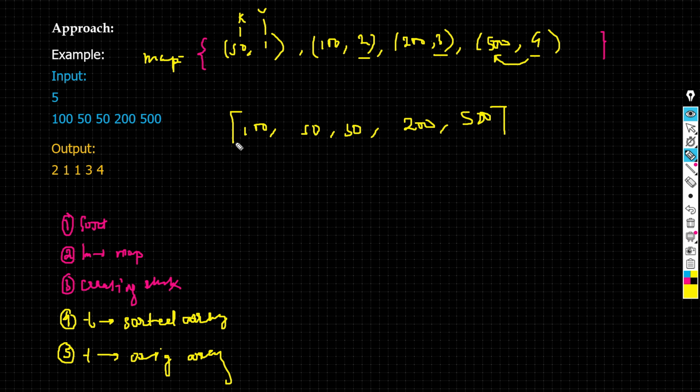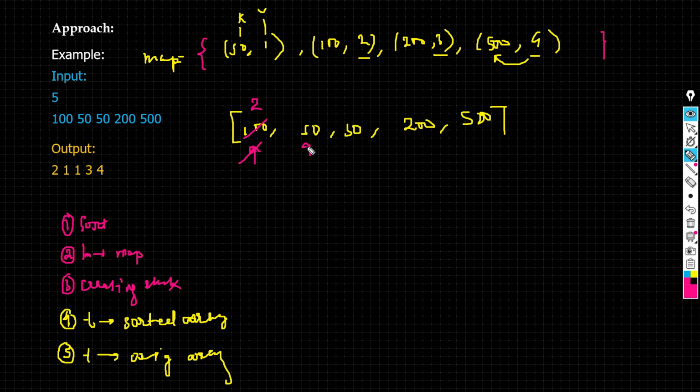And during the traversing, we will replace the original values according to their respective rank. So we will start traversing. At first we will go to the 100, and get the rank of the 100 with the help of this map. The 100 has the rank 2, so we will replace the 100 with the 2.